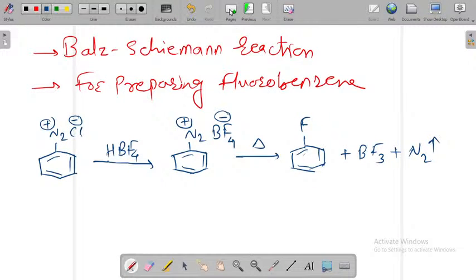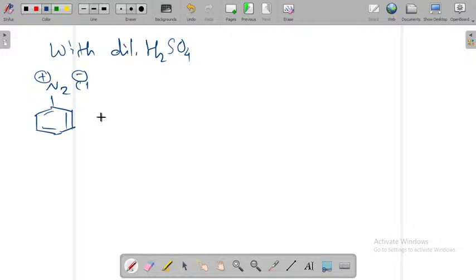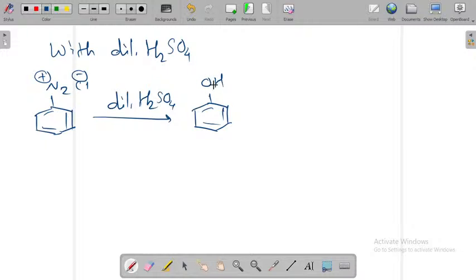So this benzene diazonium chloride, N2 plus Cl minus, on reaction with dilute H2SO4 gives phenol. The byproducts are HCl plus N2.